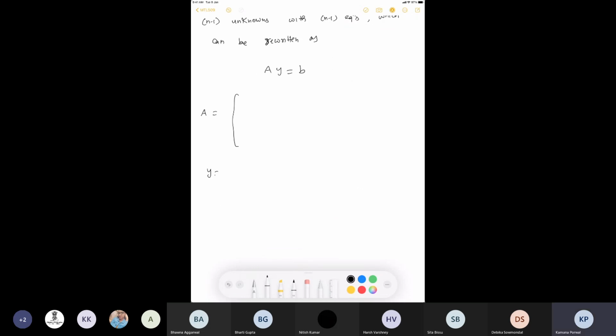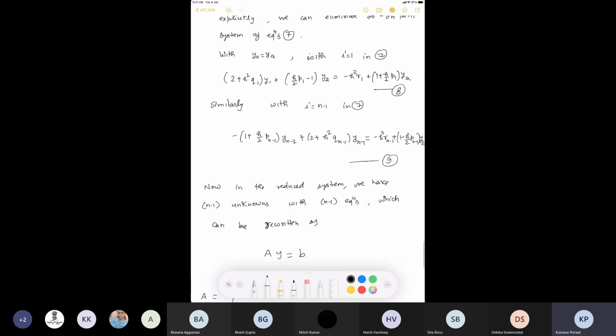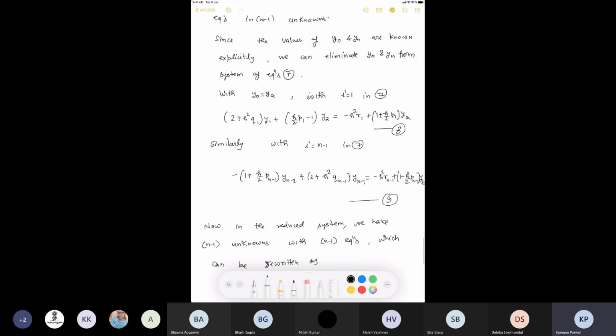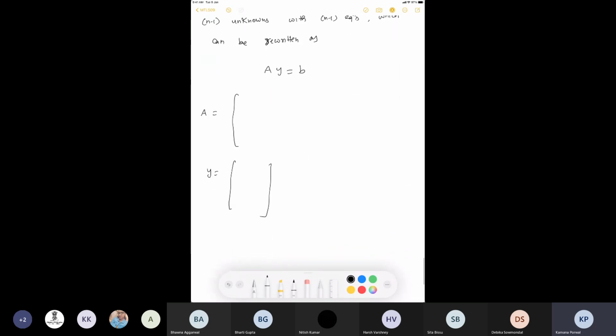Let me write the vector y first so that we can write down the corresponding coefficients. So this is going to be y1, y2 up to yn minus 1.